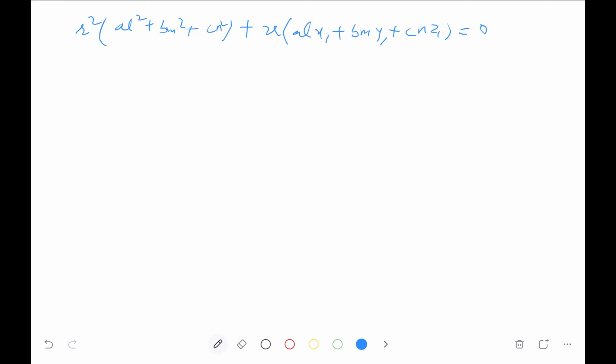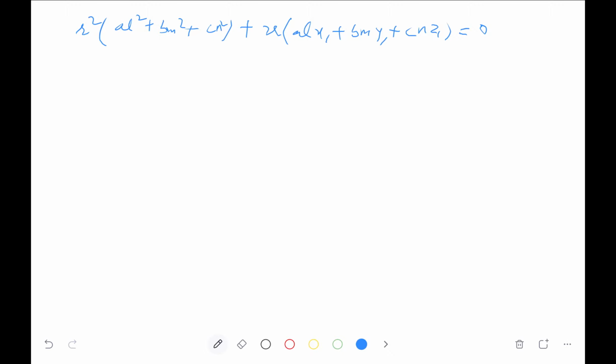So the equation becomes axx1 plus byy1 plus czz1 minus 1 is equal to 0, or axx1 plus byy1 plus czz1 is equal to 1. So this is the required equation of the tangent plane.